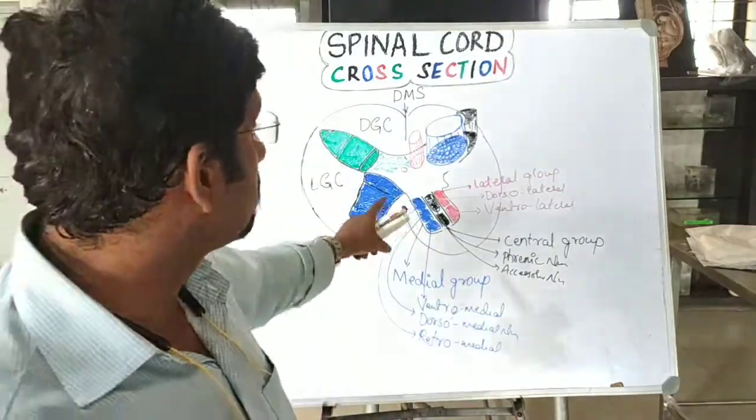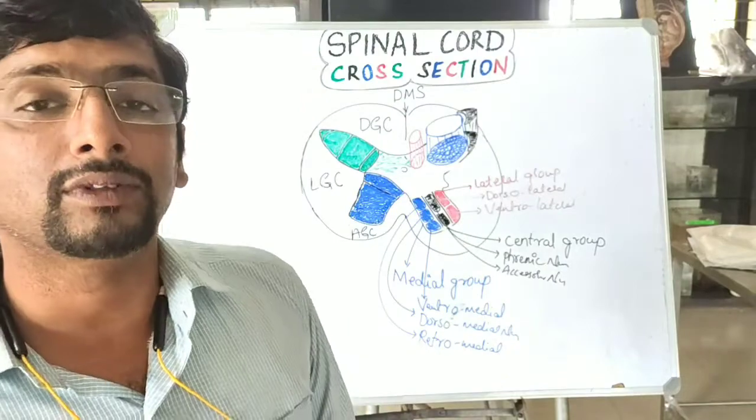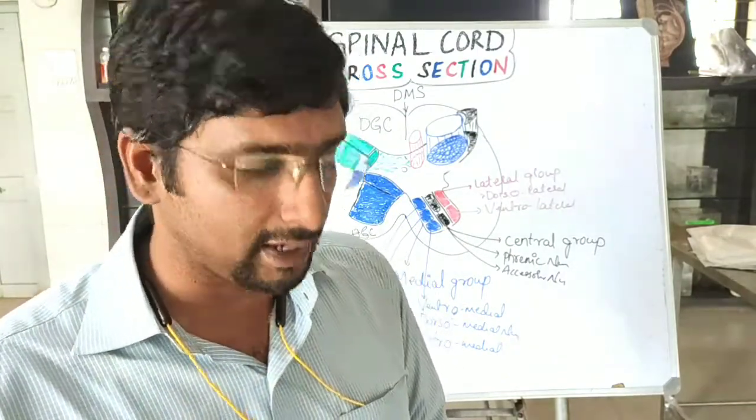In the posterior gray column, we have three types of major nuclei.